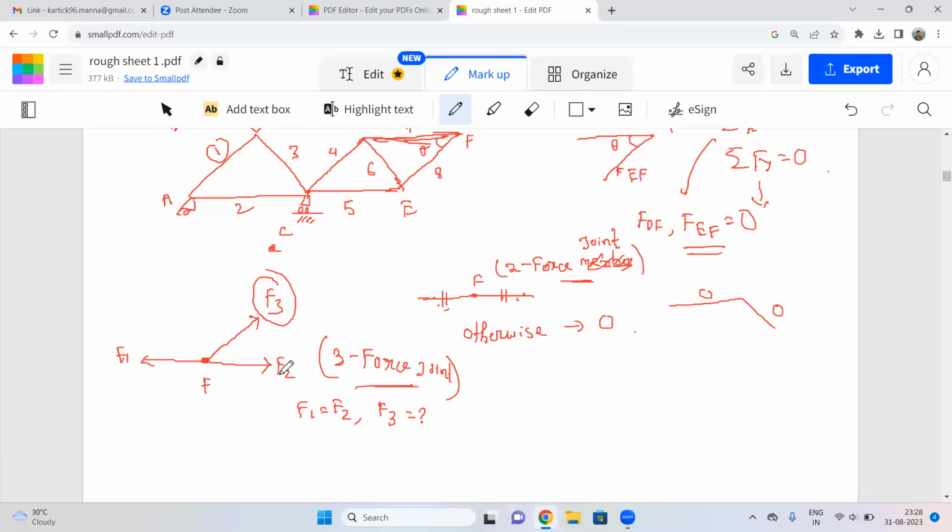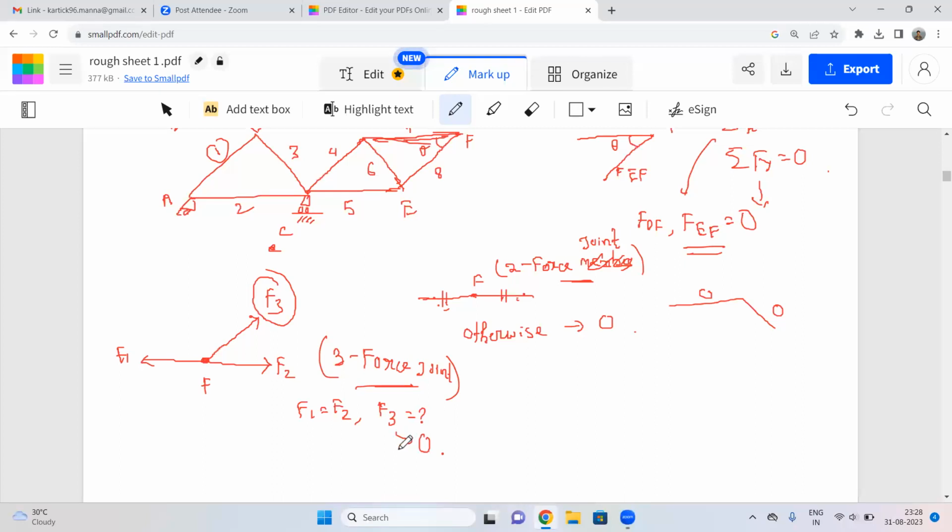F1 minus F3 cos theta will be equal to 0, and F3 sin theta will be equal to 0. So F3 is equal to 0. That means your F3 is equal to 0.